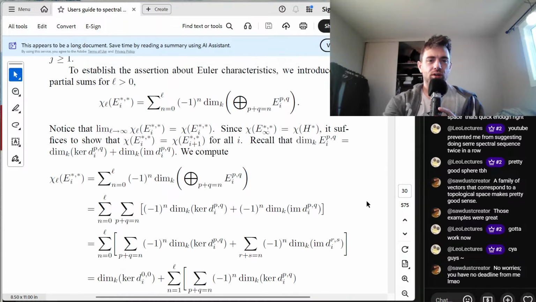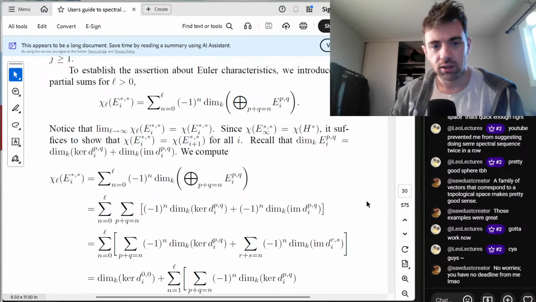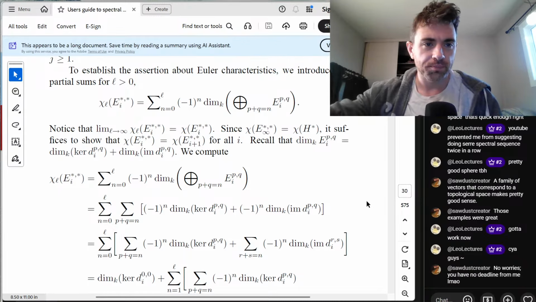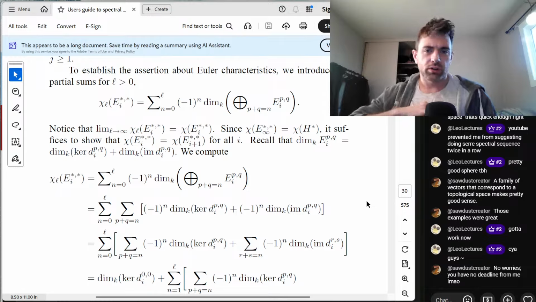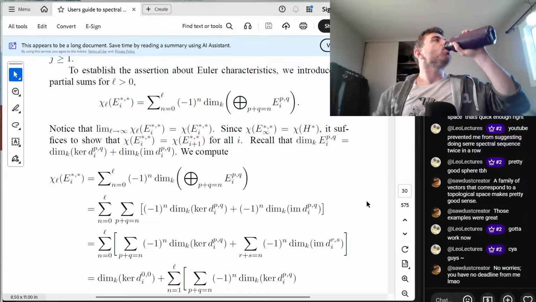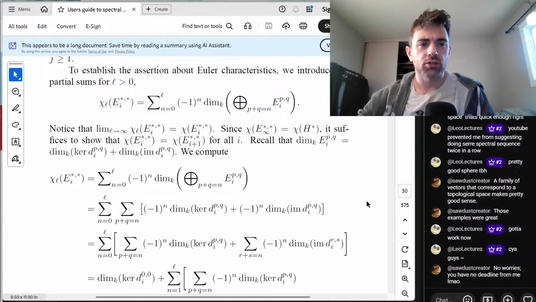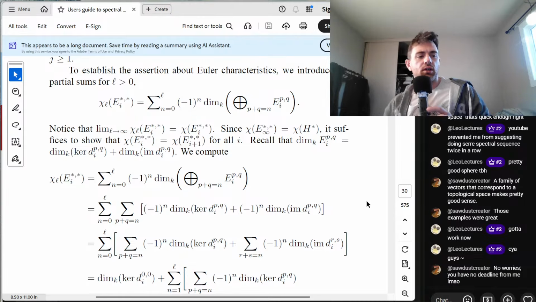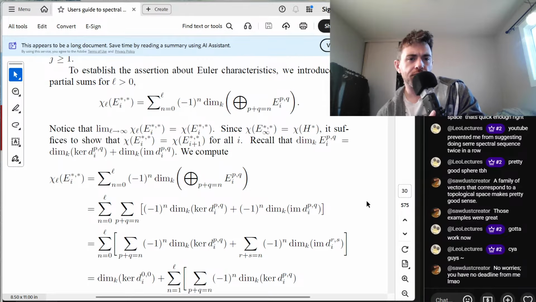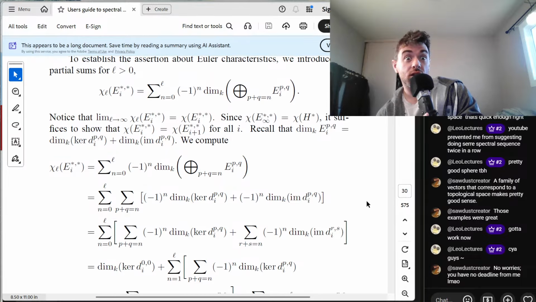Okay, so now, great, so we're done that part. That actually wasn't so bad. We got distracted, so it took us a while, but the actual proof was not so bad. Now we look at Euler. Now we look at oily boys. And we introduce the partial sums. And notice that the limit is equal to this.